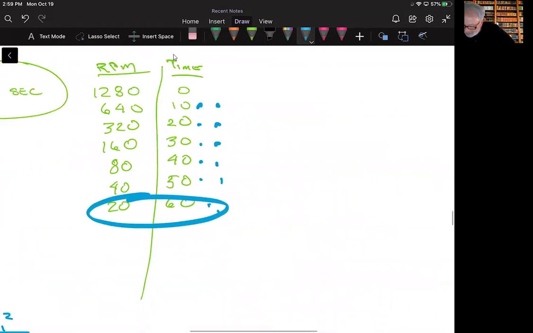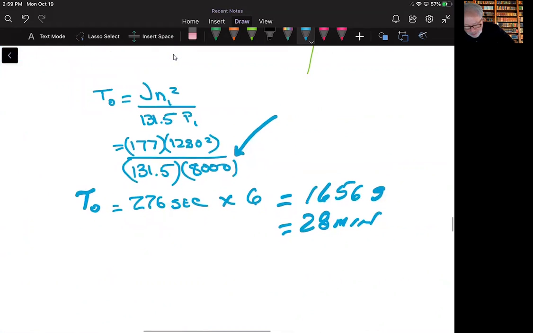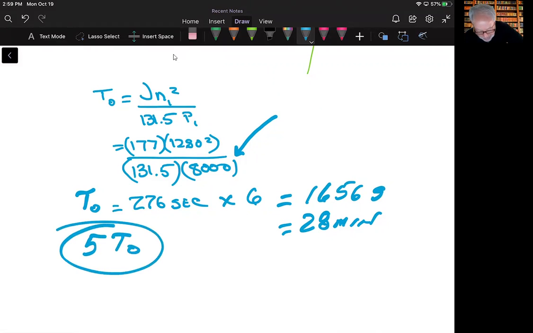But if you're thinking about the windage and friction losses, we realize that it will come to a stop. And just like we looked at with inductors and capacitors, we'll think of it being completely stopped after 5 of these half time constants.